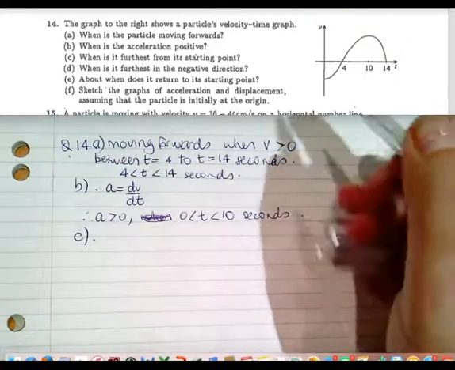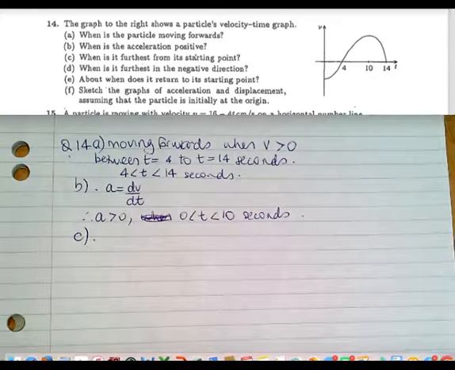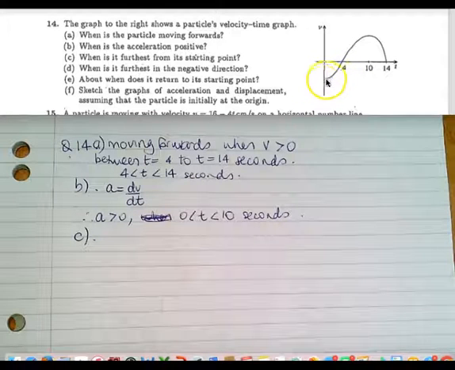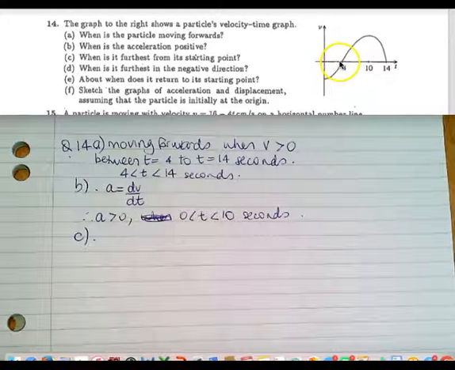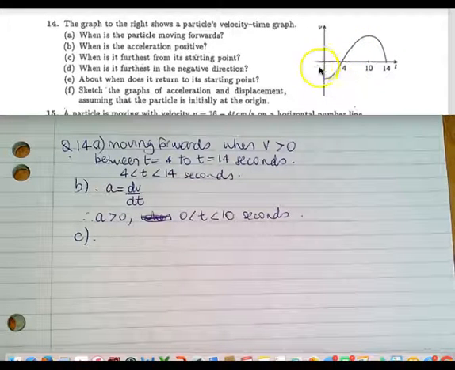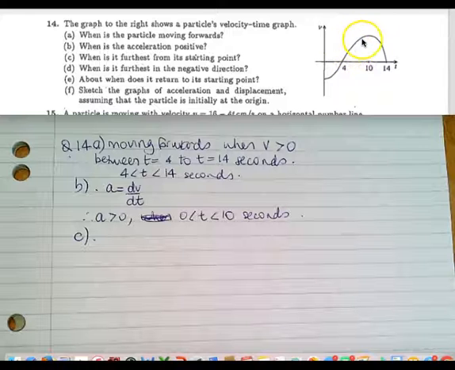Now, when is the particle furthest from its starting point? Now we can see here that we've got negative velocity, because you'd have negative values here, and then we've got positive velocity. So here the particle's moving to the left, because the values of velocity are negative. But here the values of velocity, if we look at this axis, are positive.